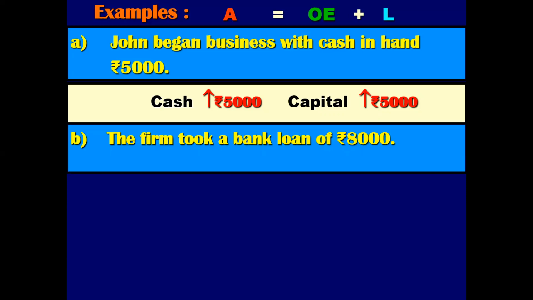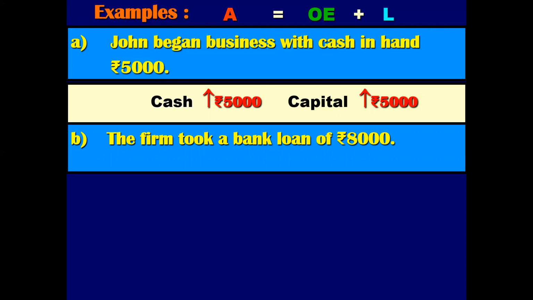See the second transaction. The firm took a bank loan of rupees 8,000. In this transaction also two characters are dealt with. One is cash. The other is the bank loan.